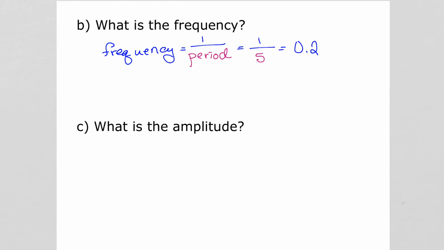So the amplitude would be the absolute value of A, which in this case is, it's being pulled down, 8. So the amplitude is 8. While A, which we'll need, is negative 8.